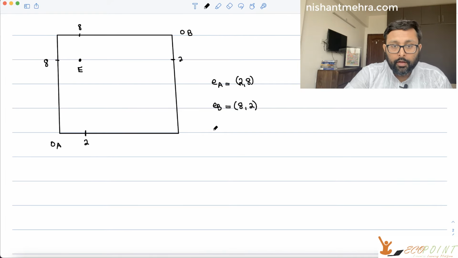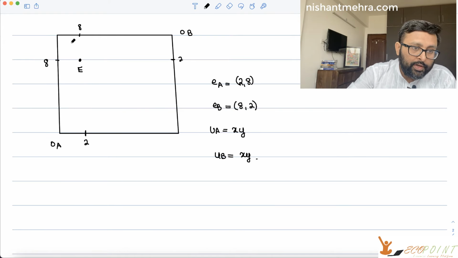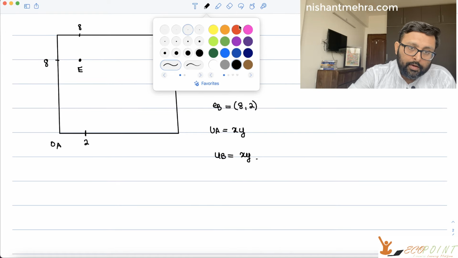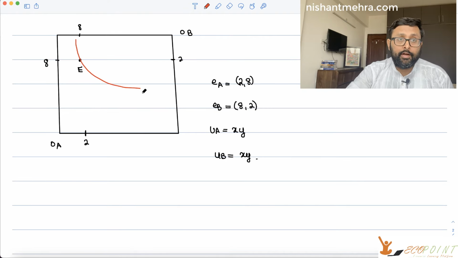We assumed something else also. UA is XY. UB is also XY. That's what you have assumed. Supposedly this is my endowment indifference curve, UA.